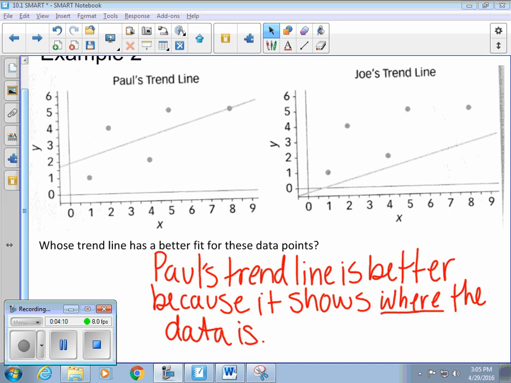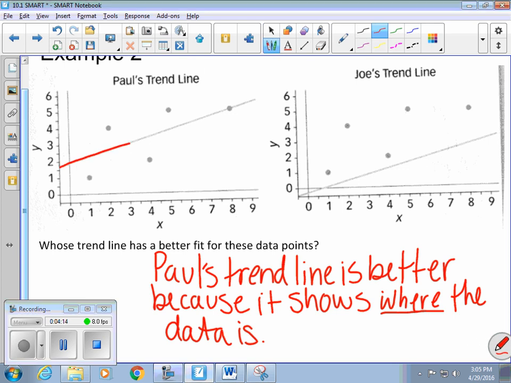If you look at Paul's trend line, that line is in between a majority of the points. There's 2 on top, there's 2 on the bottom, and so it's kind of evenly split. And so it captures a picture of how high up the data points are plotted.